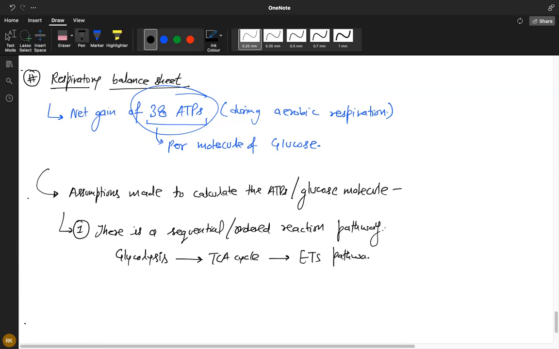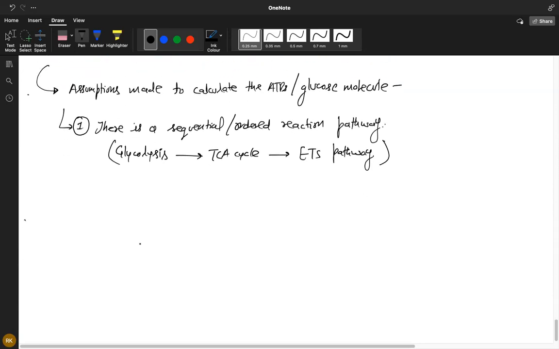This is the first assumption we make, that it's always happening inside the cell in this manner. Is that clear? Yeah, good.